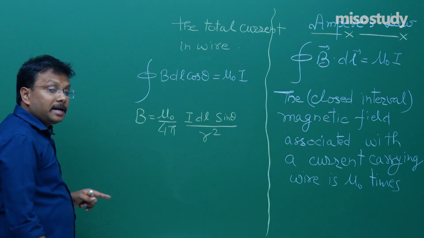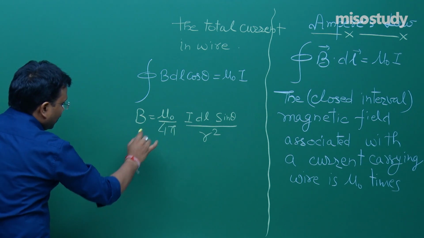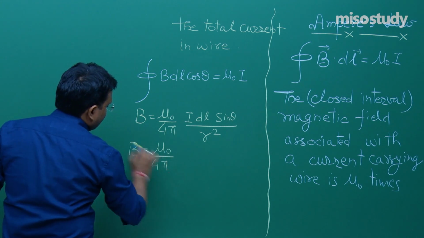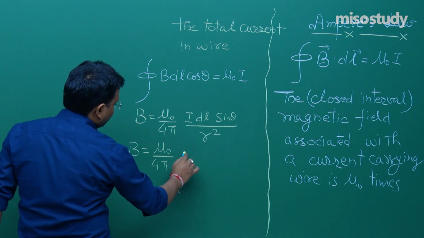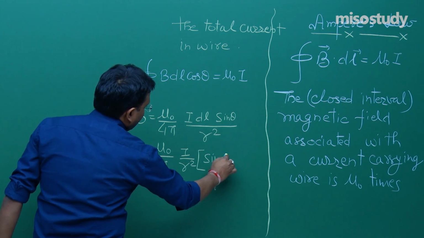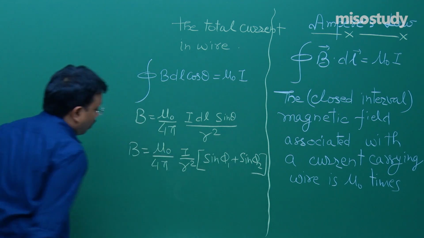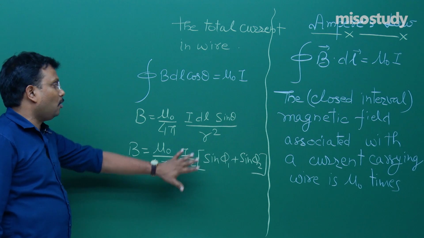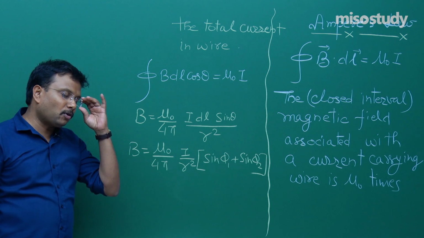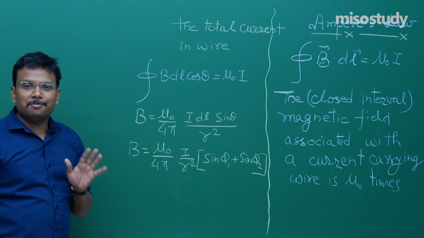So, for an infinite length current carrying wire, this result is B is equal to mu naught upon 4 pi, then I upon R within bracket sin phi 1 plus sin phi 2, although I should not write it because I already provided a video based upon this Biot-Savart law, and my assumption is that you are revising, but it may be possible that a few students are new to this video or a few of you are not revising despite repeated requests.